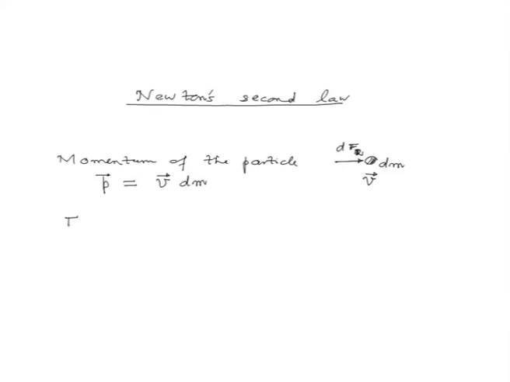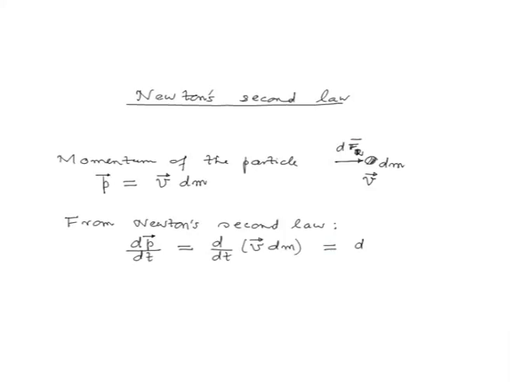So, from Newton's second law, the rate of change of momentum, that is d by dt of momentum p, is equal to d by dt of v dm. This should be equal to the resultant force acting on this particle.